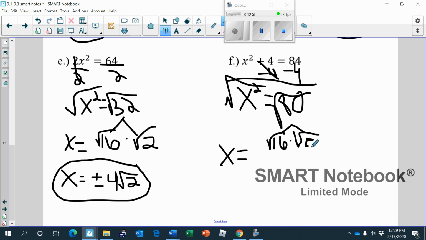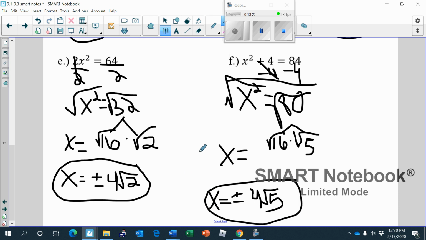I know the square root of 16 is 4, so x equals plus or minus 4 root 5. Good? All right, pause it for a minute, and then you guys are going to do the tries.